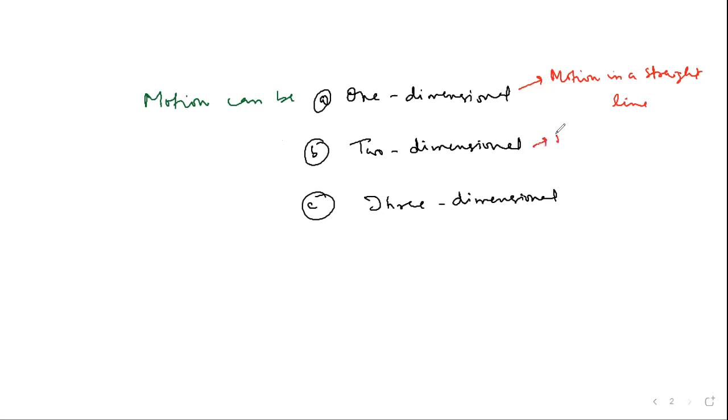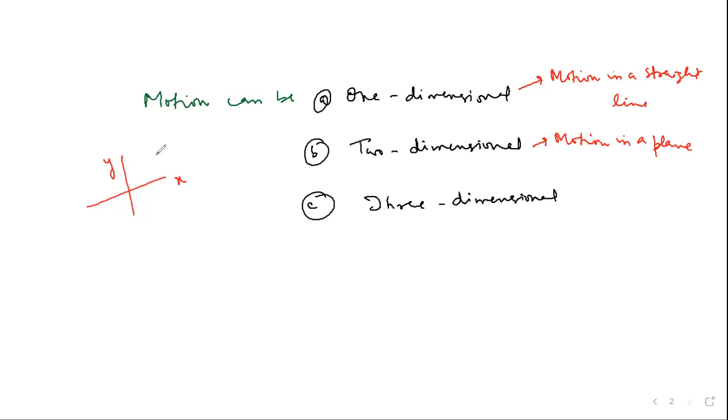Two-dimensional motion means motion in a plane, for example, the XY plane. If motion is confined in a two-dimensional plane, then motion is two-dimensional. Now, in two-dimensional motion, to specify the position of a particular body, you need to specify two position coordinates, right?